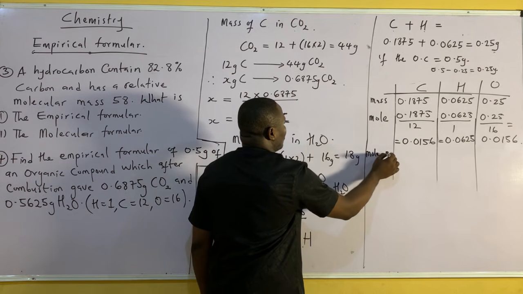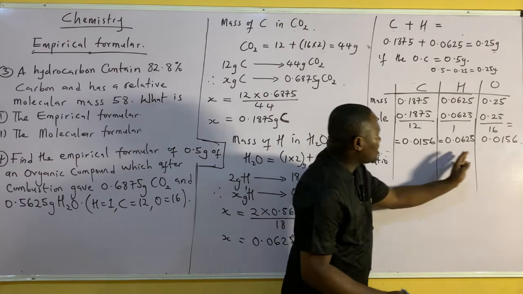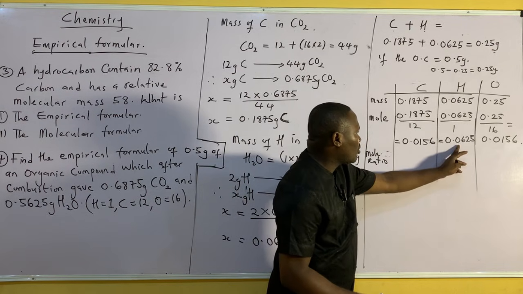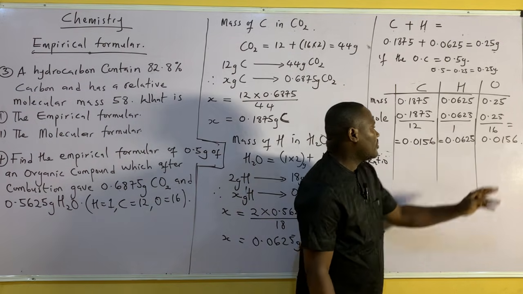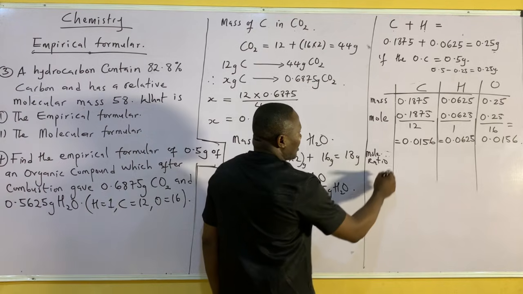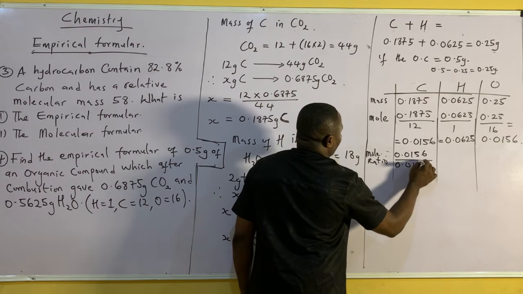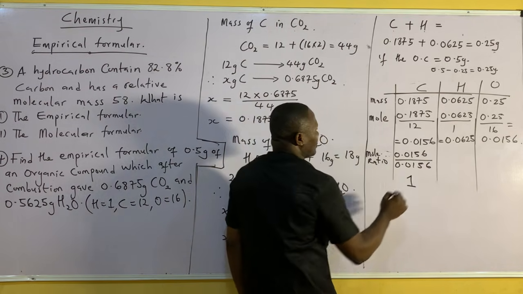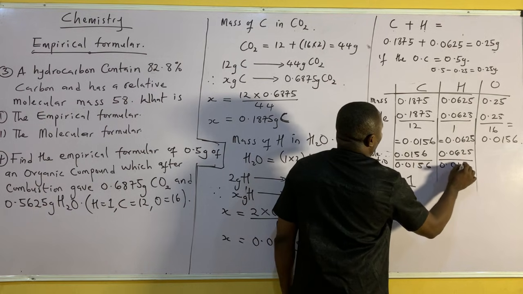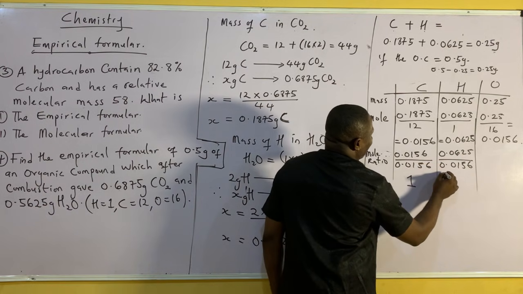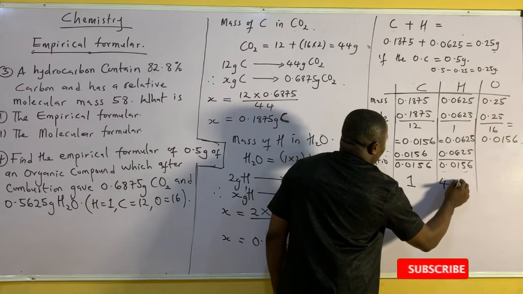Now, what is the mole ratio? Which of these is the least mole? This is the least mole. So I'll divide through by 0.0156. I have 0.0156 over 0.0156, which is 1. I have 0.0625 over 0.0156, which is 4.006, about 4.